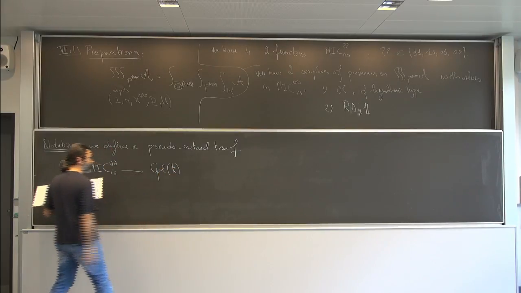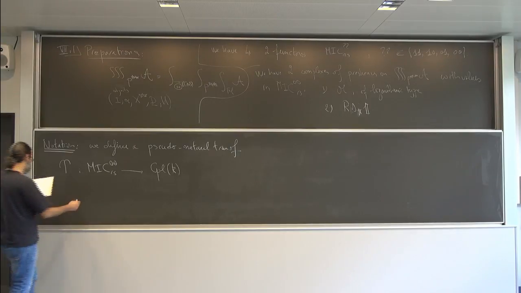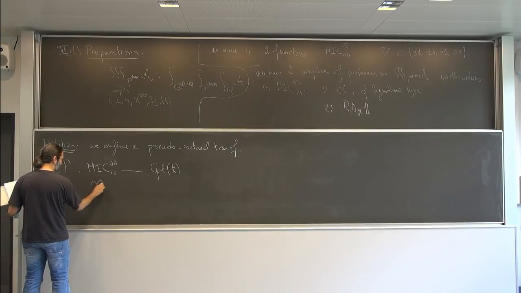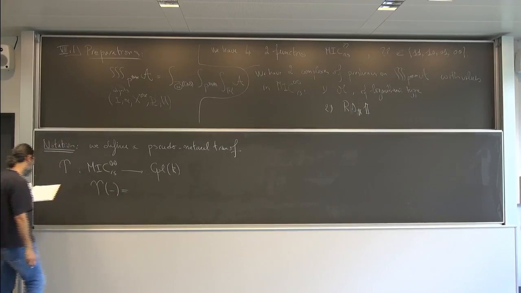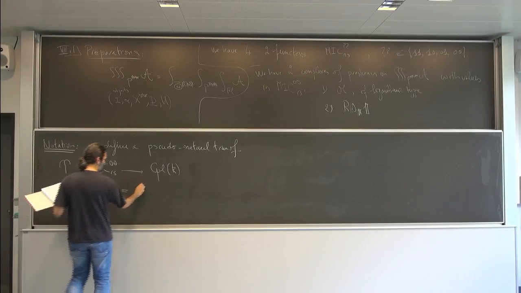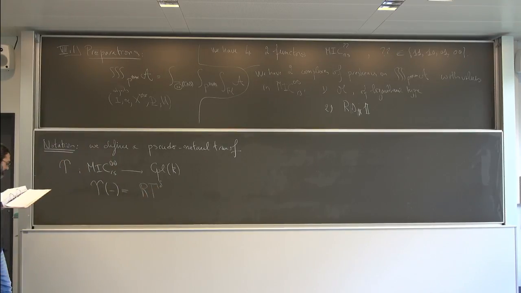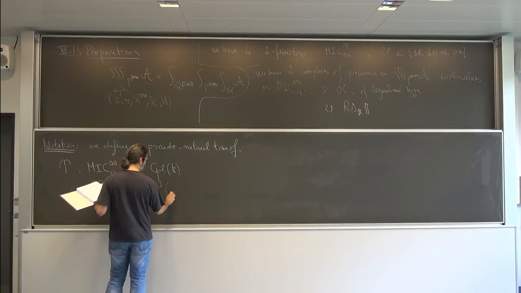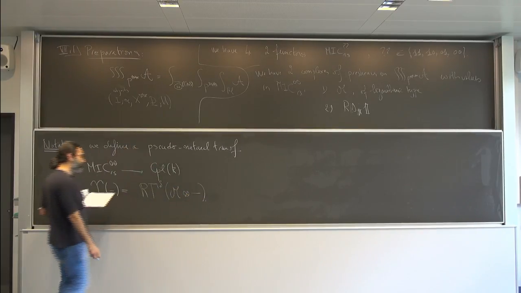So this is considered as a constant two functor, which is given by just taking the derived global section of M tensor with something. And so I hope this makes sense.